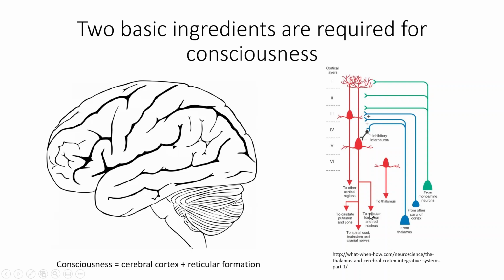But the reticular formation sends inputs back up, and we can think of these as being this green neuron here, monoaminergic projections and others going back up to the cortex itself. So we have a positive feedback loop in play here, whereby the cortex and the reticular formation mutually excite each other. And that is very important because that is what is helping to keep us awake right now.